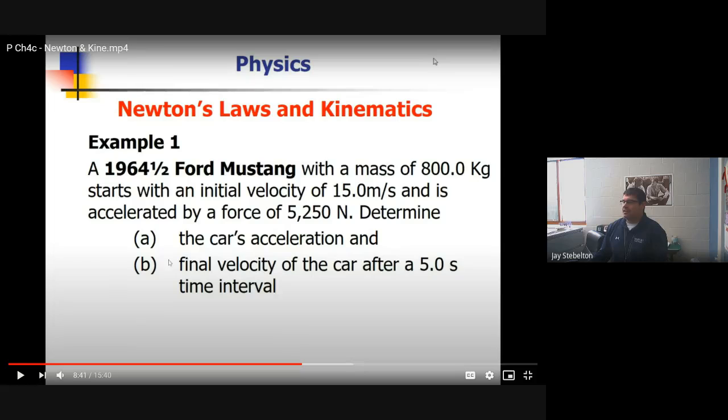And then you'll use the big 6 for your final velocity. Now remember the givens they give us. Initial velocity and acceleration. And it doesn't look like we have the time in this one.